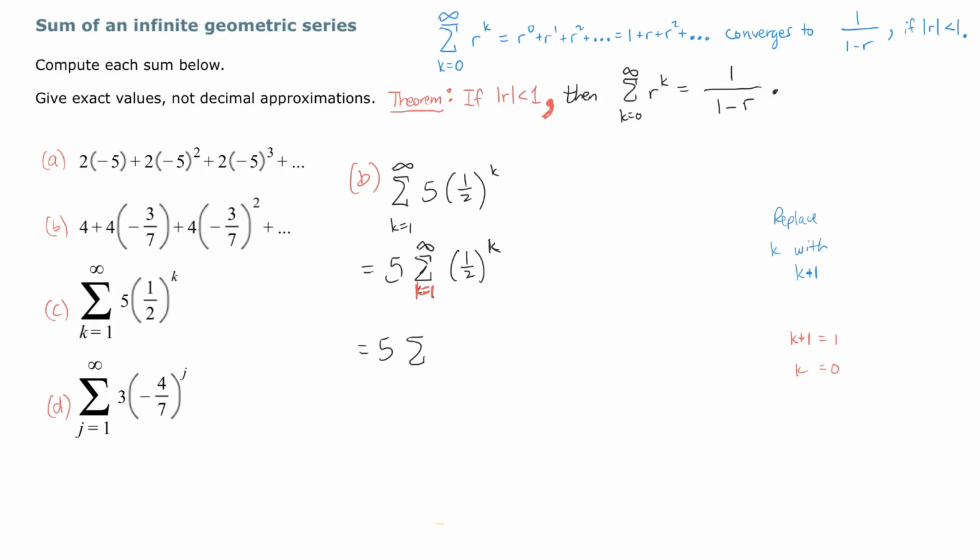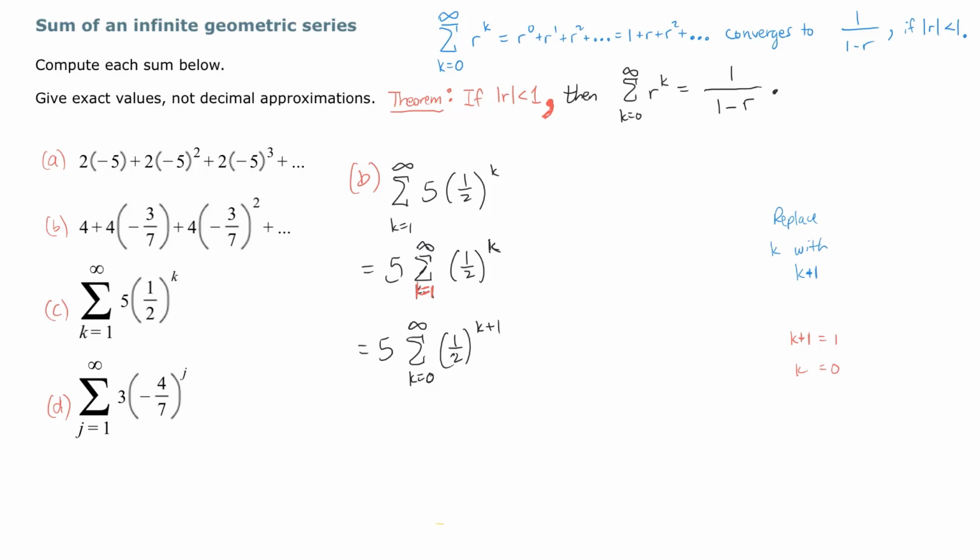5 summation. Now we have k equals 0, run that to infinity. Then we have 1/2, and we replace k with k plus 1, so this is k plus 1. These are in fact the same geometric series, starting with a different index. Now, what do all these terms have in common? These all have a 1/2 in common.